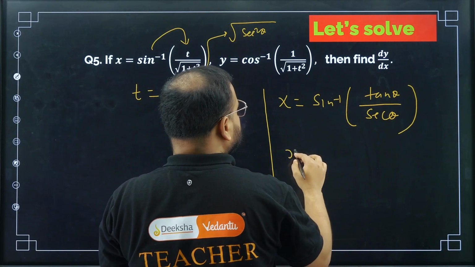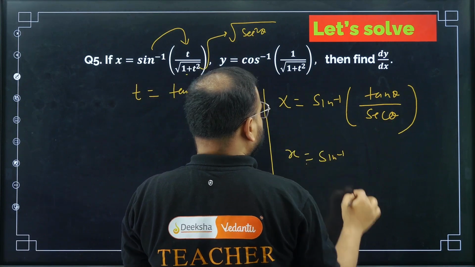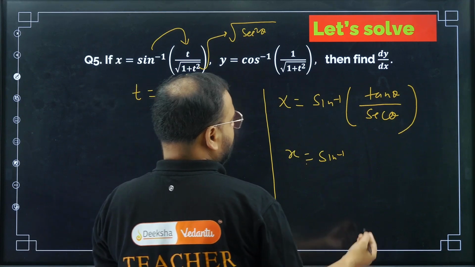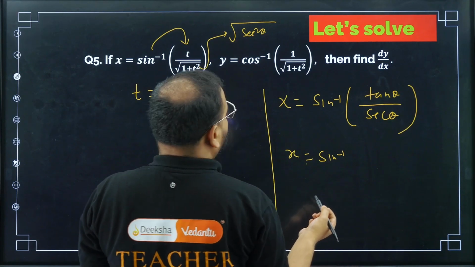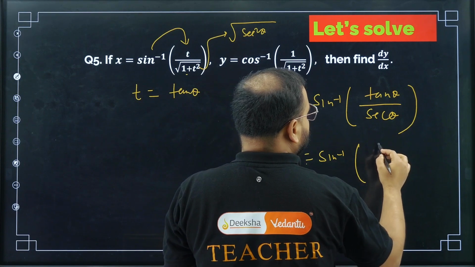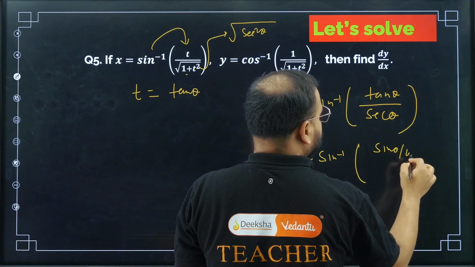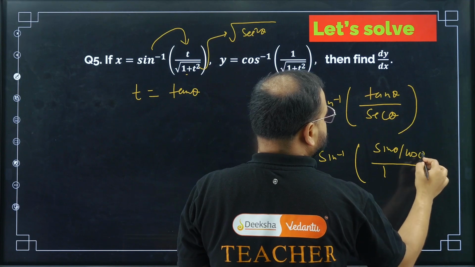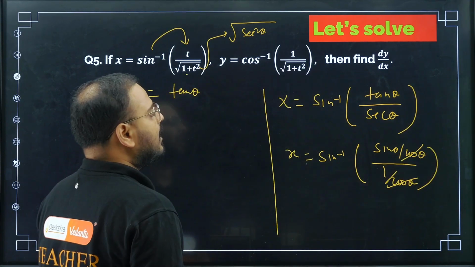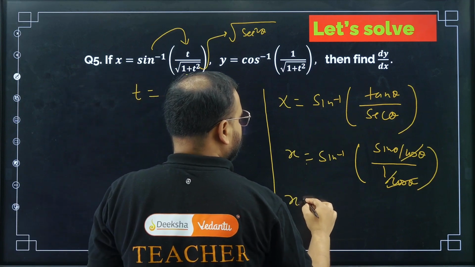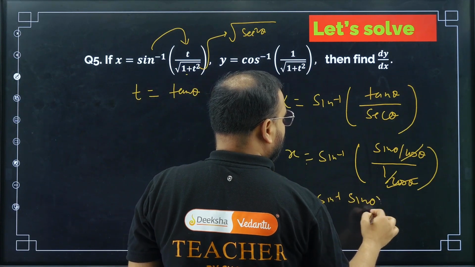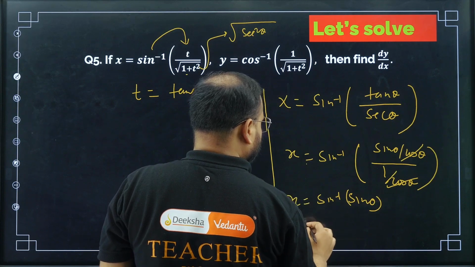Let's simplify this. X equals to sine inverse of, please check here. This will be sine by cos and this will be 1 by cos. So cos and cos get cancelled. I have x equals to sine inverse of sine theta, which is x equals to theta.